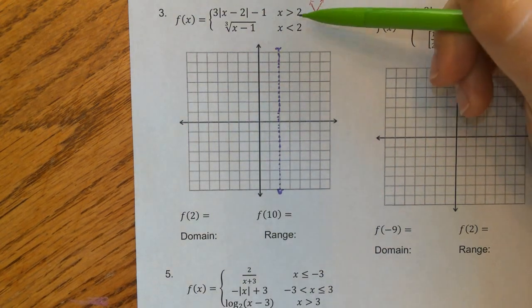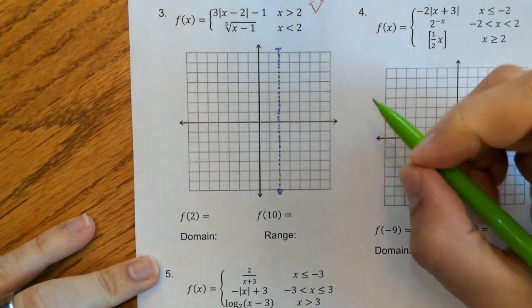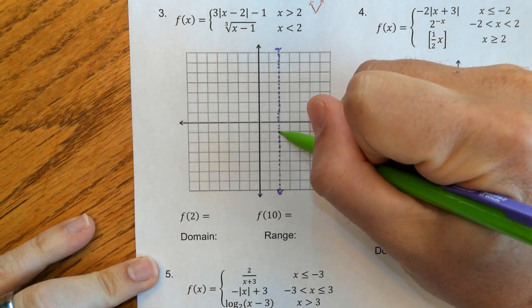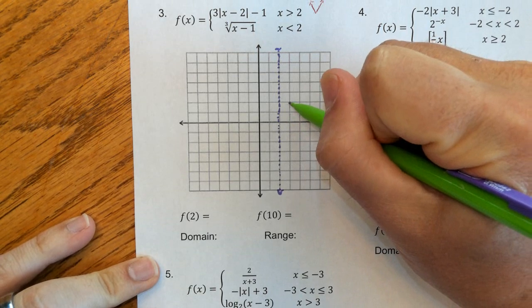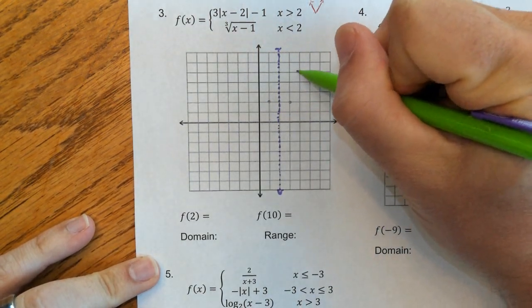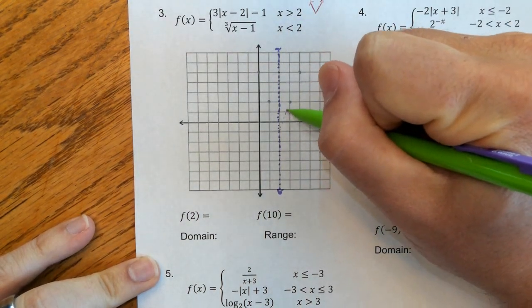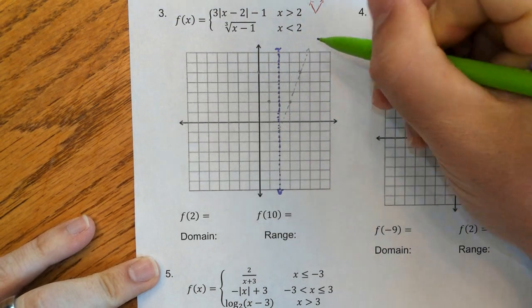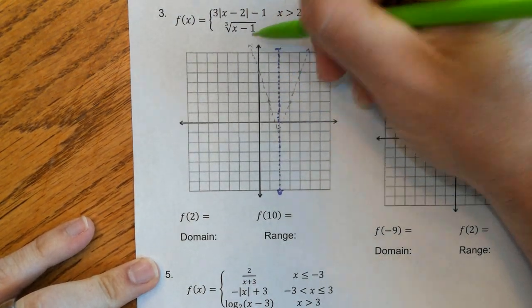And we also can put the dotted line because it's not equal to. Now as I draw this, right 2, down 1, and I were to go a vertical stretch of 3, I would have my absolute value picture look like this.